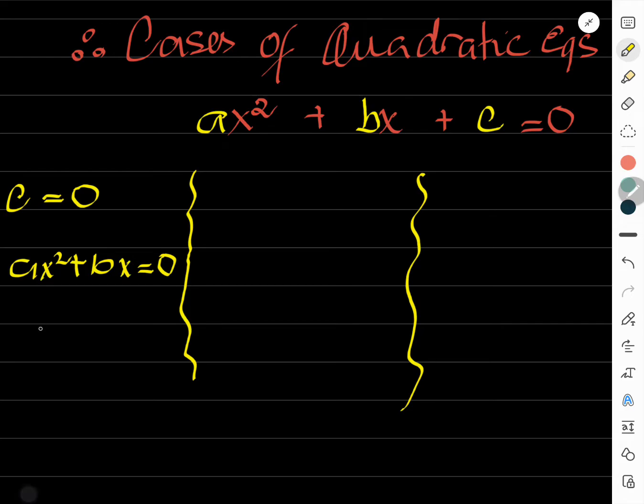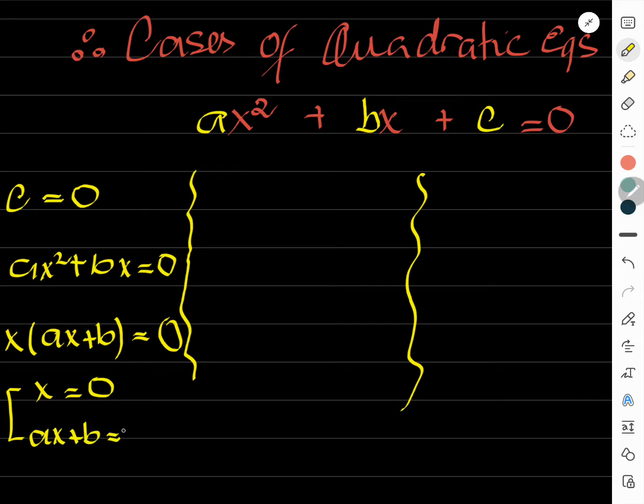We factor out the x, and then we have x times (ax plus b), which is a zero product, meaning that we have two cases: x equals 0 or ax plus b equals 0. So we have two solutions, x equals 0 and x equals negative b over a. That is our first solution.